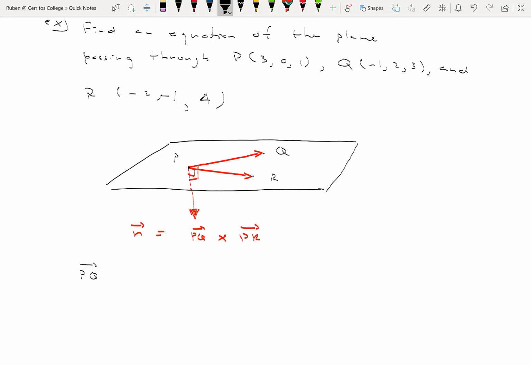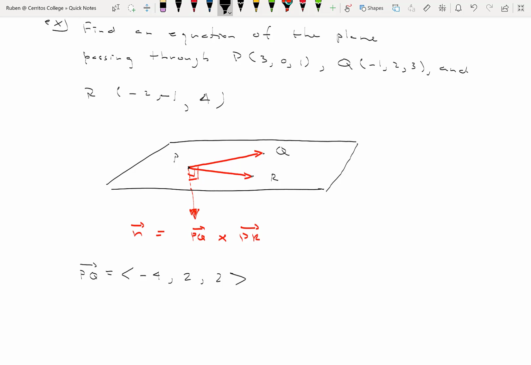Displacement vector PQ: to get the displacement vector from P to Q, I subtract the coordinates, Q minus P. So -1 take away 3 is -4. 2 take away 0 is 2. Now subtract the z coordinates: 3 minus 1 is 2.